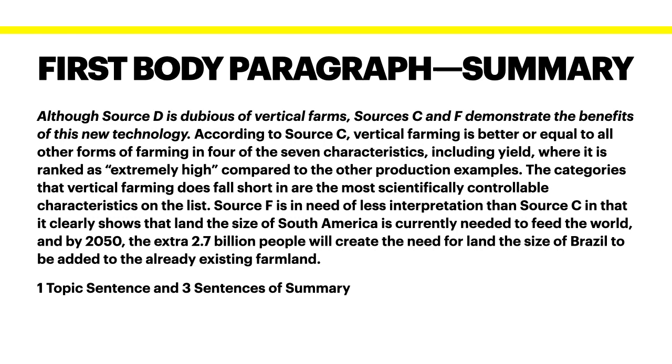So I have a topic sentence, again, using that subordinate conjunction. I mention all 3 sources, but I make it clear that I'm really going to be dealing with C and F. And then I have 3 sentences of summary. The 3 sentences of summary summarize basically what I told you already with source C and source F, just much more succinctly.